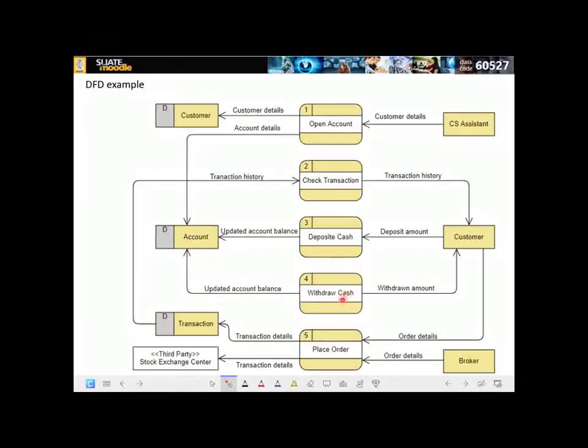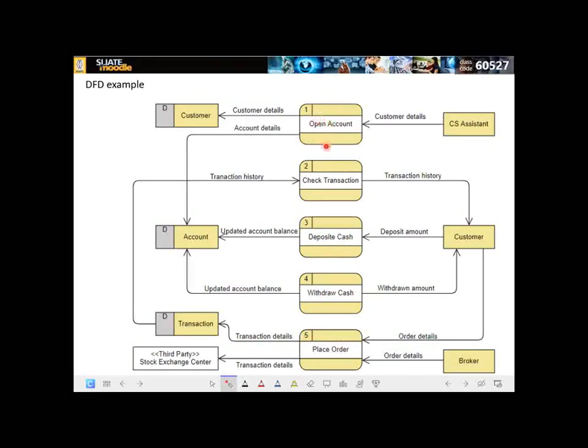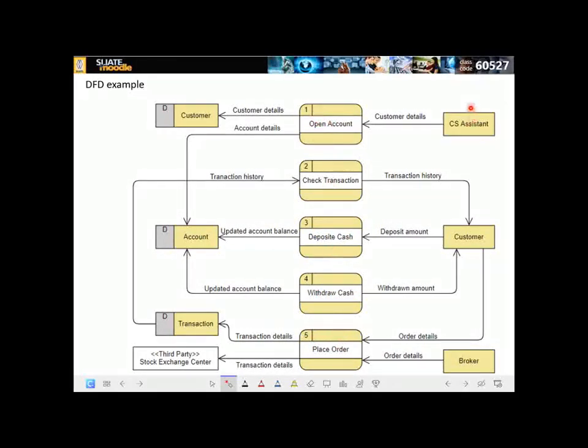Place order: it should be possible to place an order. So in this system you can identify that these things should be done. These are the people involved in the system, and these types of data are saved: customer data, account data, transaction data.